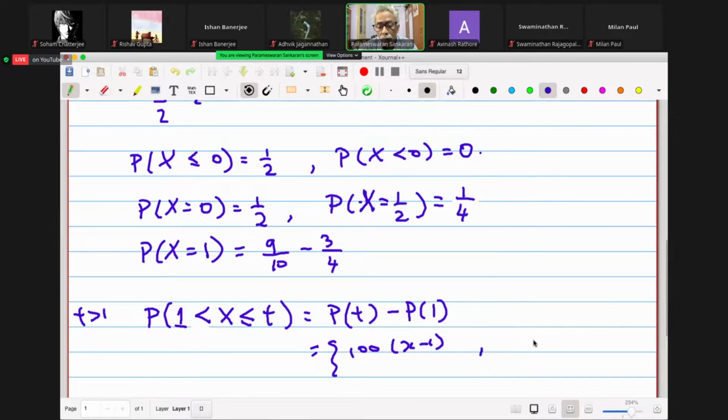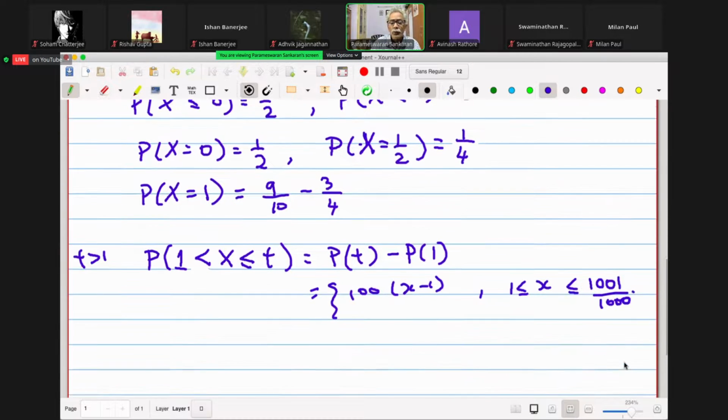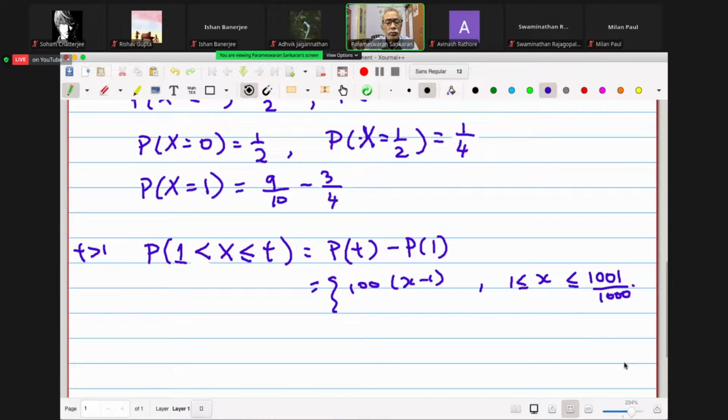So this happens in this range, 1 less than or equal to x less than or equal to 1001 by 1000. So you have your density function here like this. x is uniformly distributed in this tiny interval, not drawn to scale, of course, 1 to 1001 by 1000.